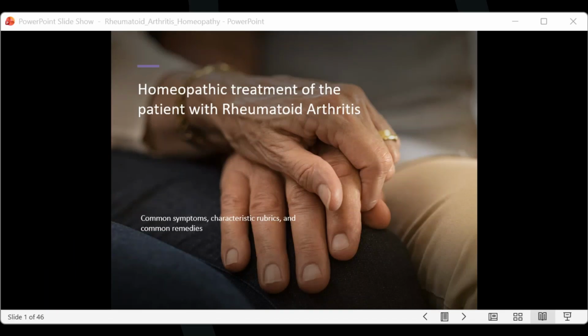Can you advance your slides? No. Nope. Can you advance the slides from the GoToWebinar? Because there's a slide advance control at the bottom.